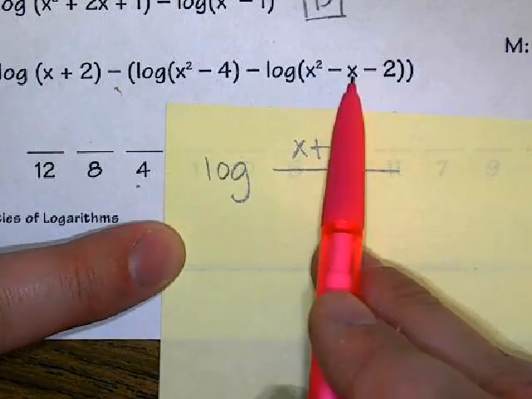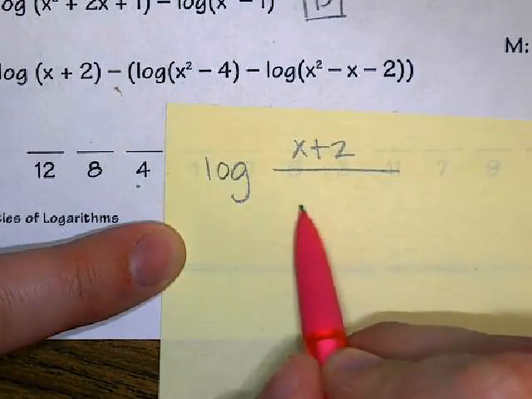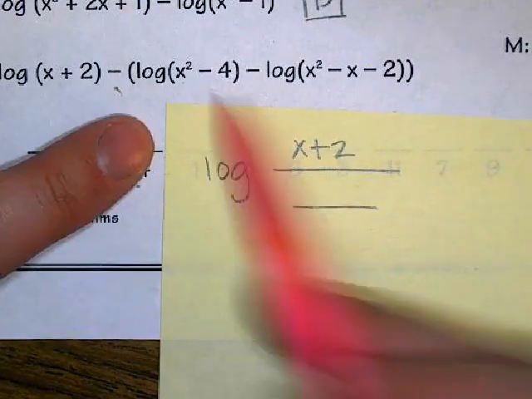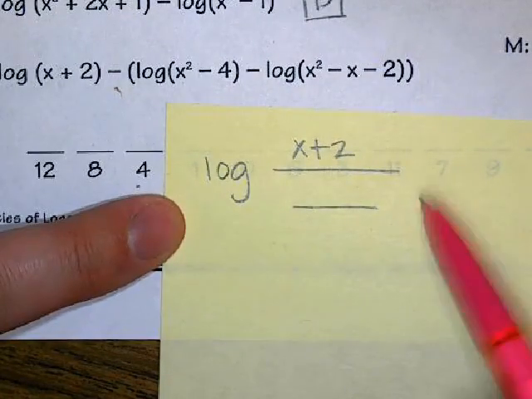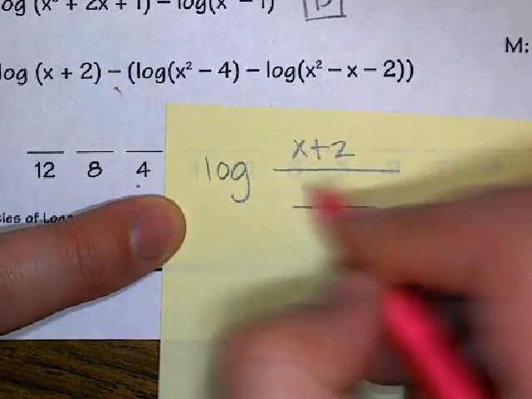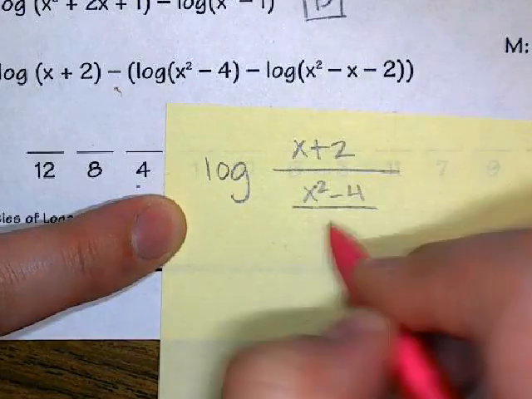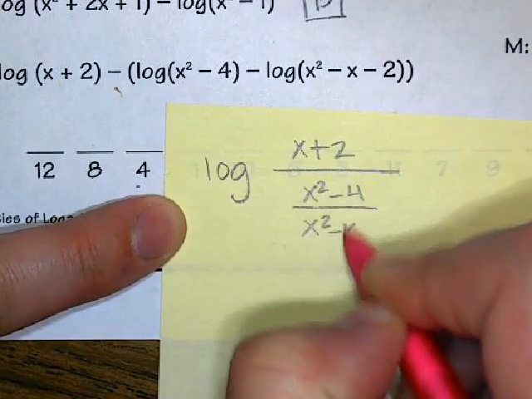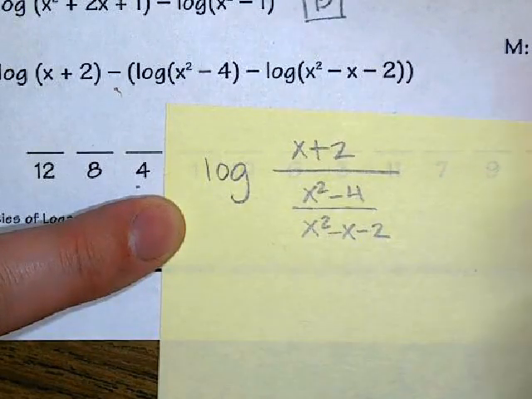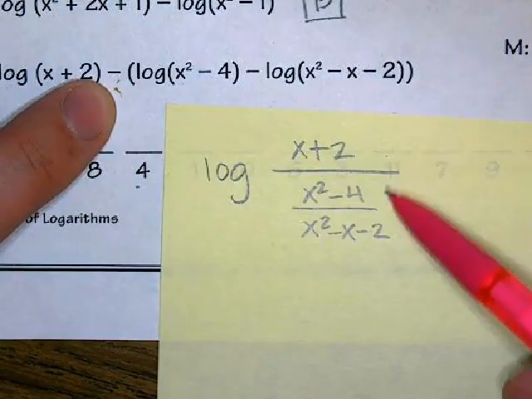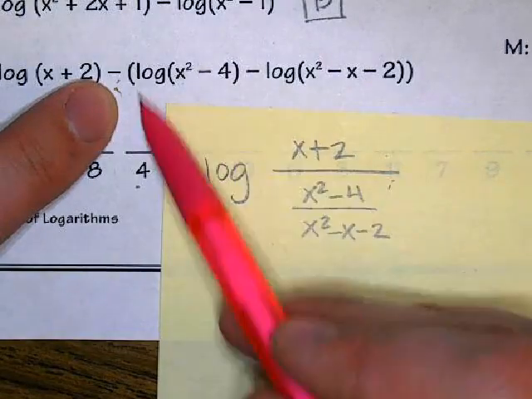Okay, and then for our fraction on the bottom, what's on the top of the fraction? X squared minus 4, and what's on the bottom of the fraction? Minus x minus 2. So this is saying divided by, so now you're talking about the bottom of your fraction. But the bottom of your fraction has its own fraction because it's in parentheses and it's got a minus.